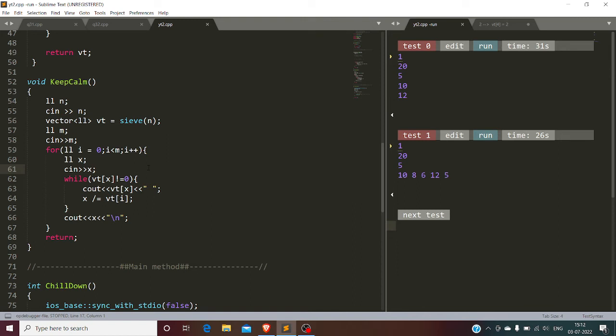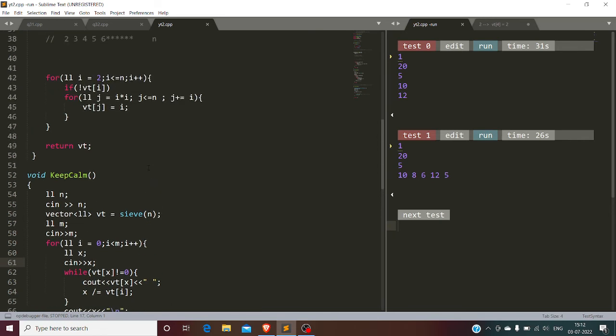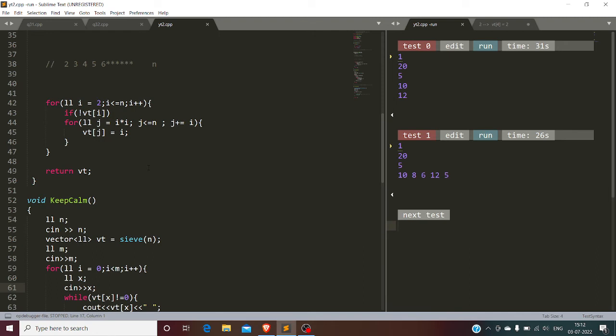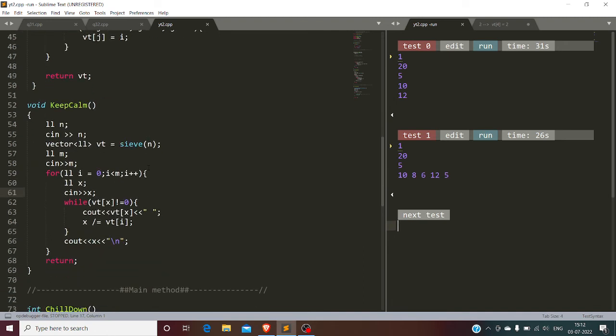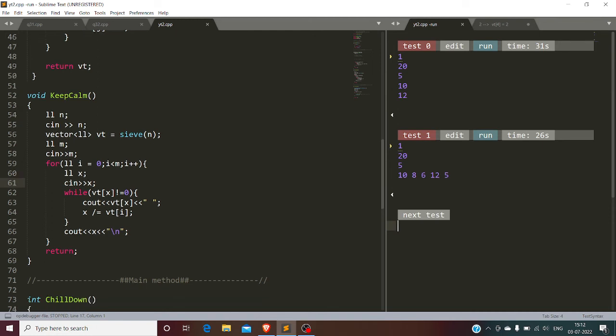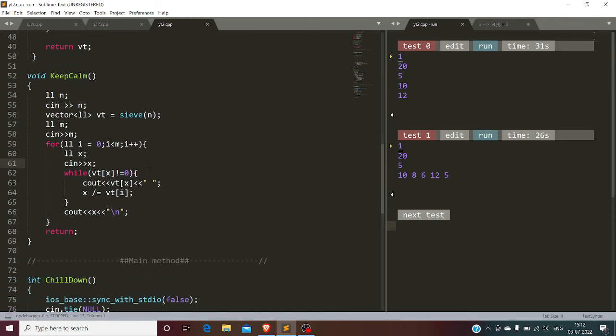Okay, so one thing to be noticed here, right? I can't take 1, and i till m, taken x as input, vt of x not equal to 0, till then keep going, x divide equal to vt of x, it should be vt of x, right? Let's run it again.